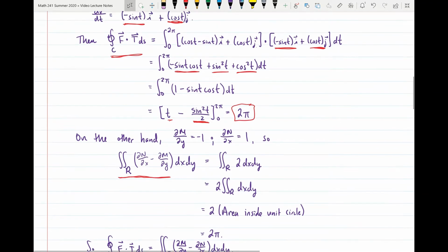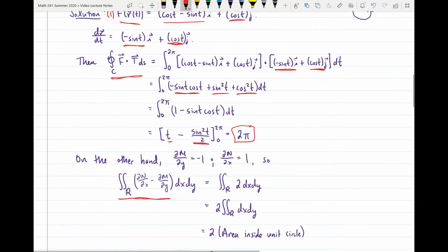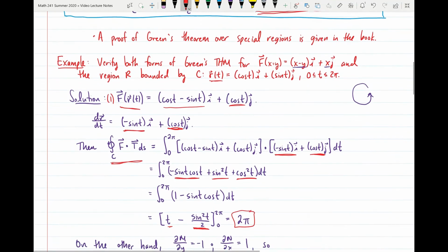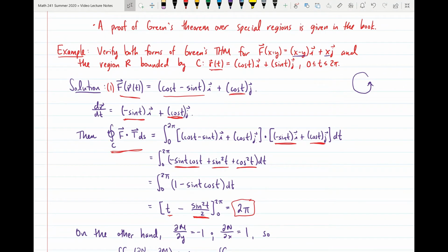On the other hand, we want to evaluate the double integral of partial N with respect to x minus partial M with respect to y, and show that the two values coincide with one another. If we go back up to F as it's given to us, the component function M for F is going to be x minus y, and the component function N is just going to be x.